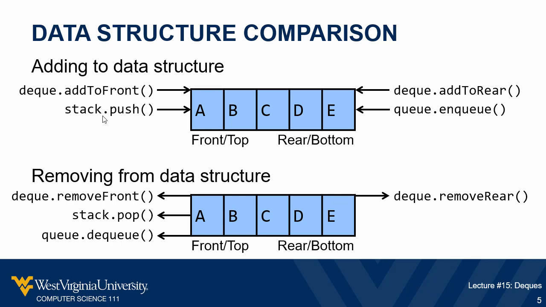When we have a stack, we push and pop at the front, which we're also saying is our top. When we have a queue, we enqueue items, or add them to the queue at the rear, and we remove them by dequeuing from the front.